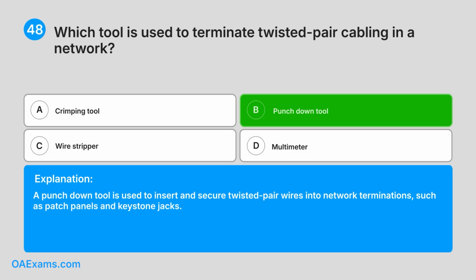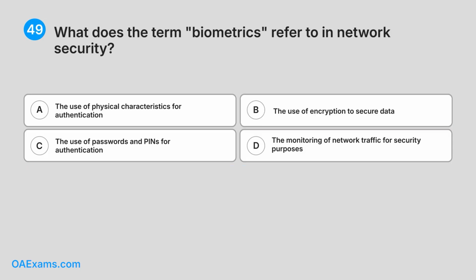49. What does the term biometrics refer to in network security? A. The use of physical characteristics for authentication. B. The use of encryption to secure data. C. The use of passwords and PINs for authentication. D. The monitoring of network traffic for security purposes.